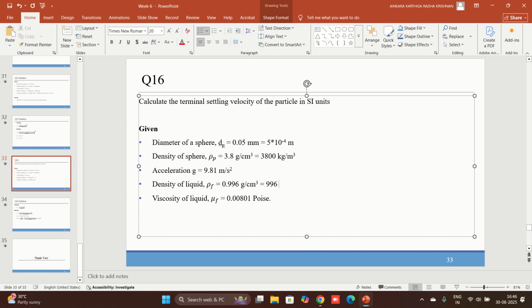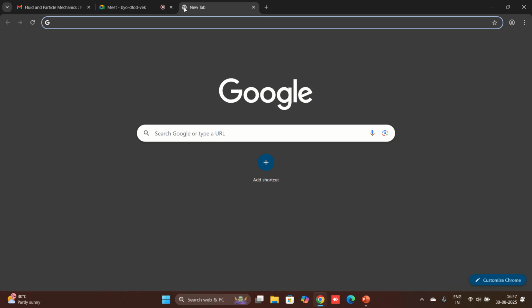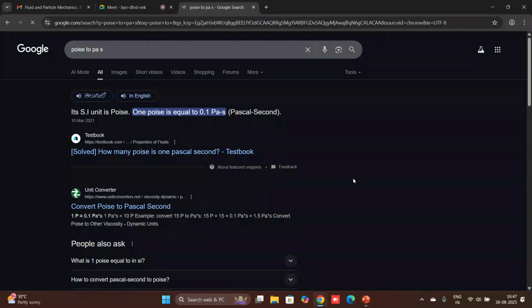Density of liquid is 996 kg per meter cube, and viscosity is 0.00801 poise, or 8.01 into 10 power minus 4 Pascal second. Let me confirm this unit once: poise to Pascal second. 1 poise is equal to 0.1 Pascal second.